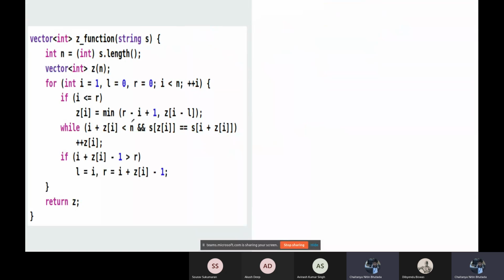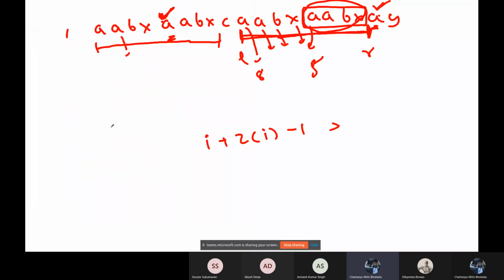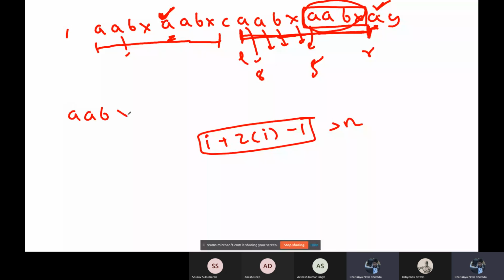Because suppose the value of pi is 7, it will extend the string and it will not make sense. So I plus pi I minus 1, this should not be.